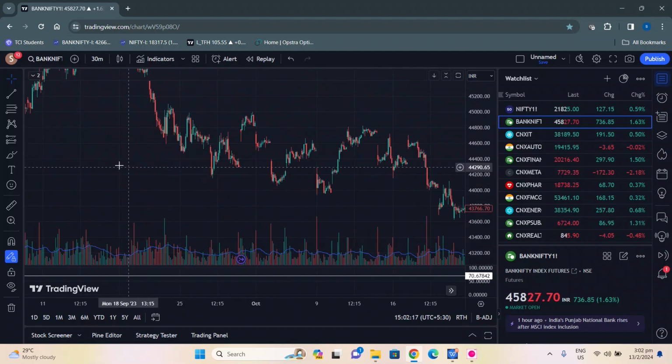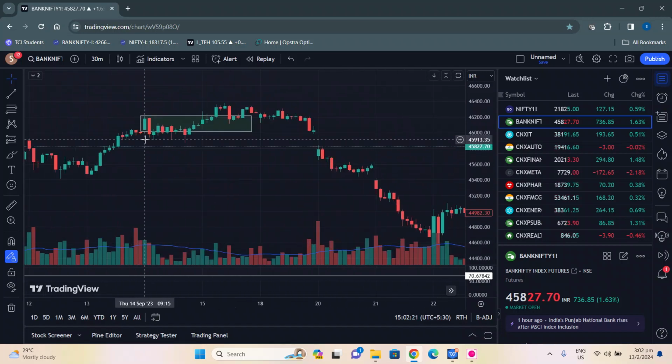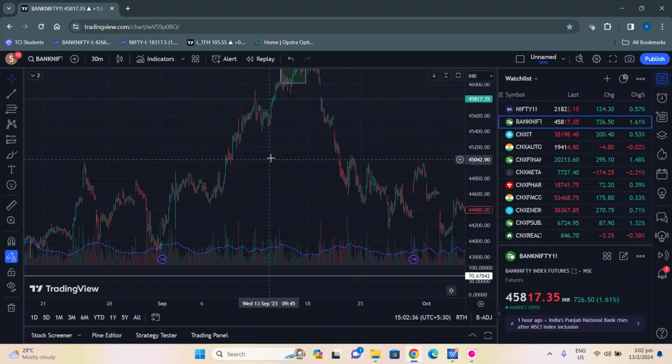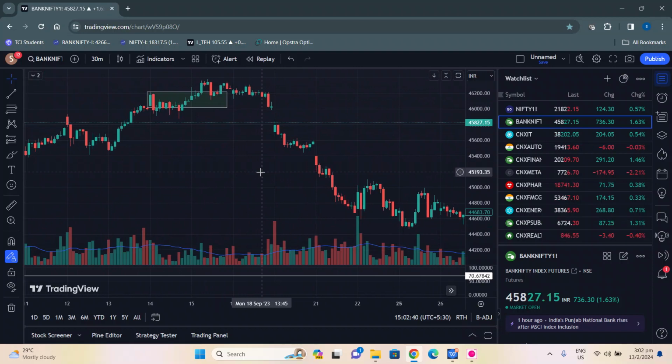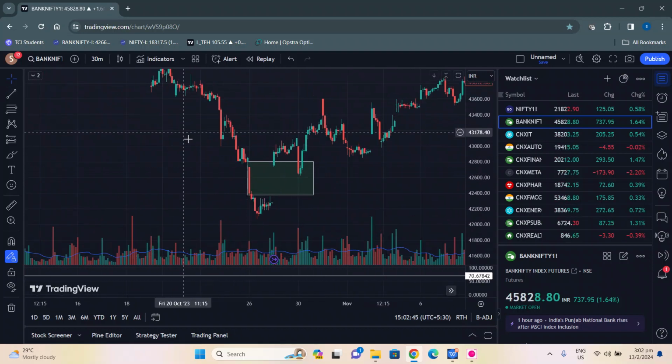I'll show you another example on 14th September. Again the open drive occurred, but within the next 30 minutes it broke that level. So you need to keep evaluating where the market movement is occurring, whether that movement is going to sustain or not.